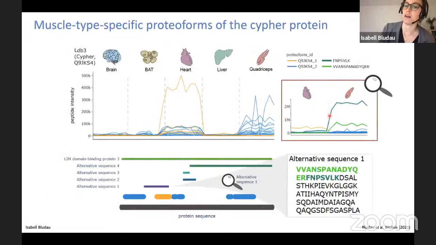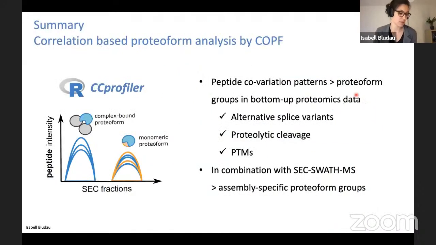So we could figure out, based on our data, that there are two distinct isoforms of the Cipher protein that are heart or skeletal muscle specific, something that has already been known before, but that we again could see in a completely data-driven way from our data. So with this, I get to the summary.